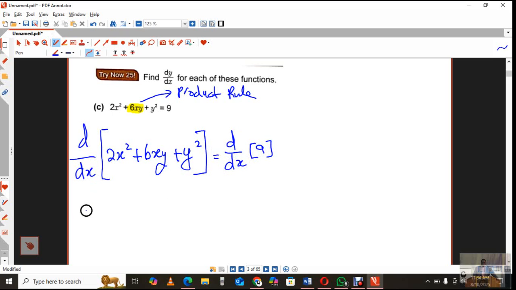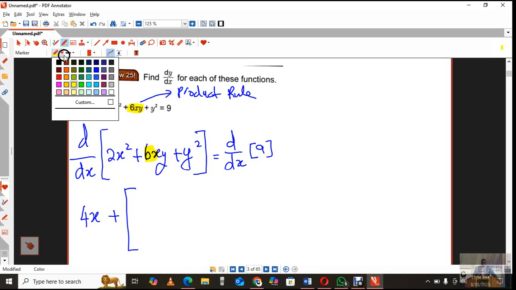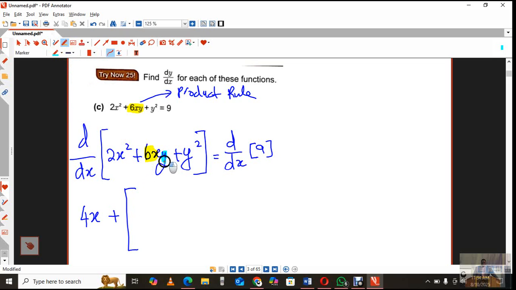Okay, right, so let's take the derivative term by term. That is going to be 4x. Here I'm going to introduce brackets because I'm going to apply the product rule. We are going to treat 6x as a function, and we are going to treat y as a function on its own.